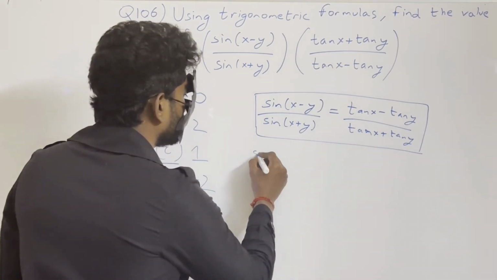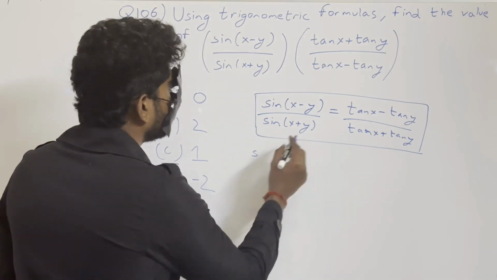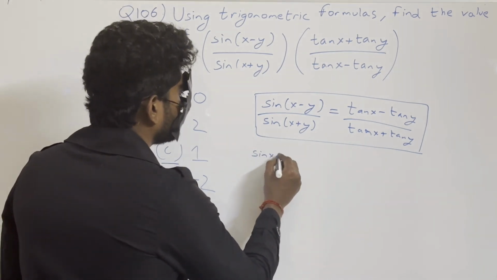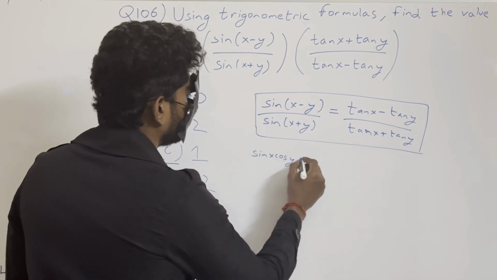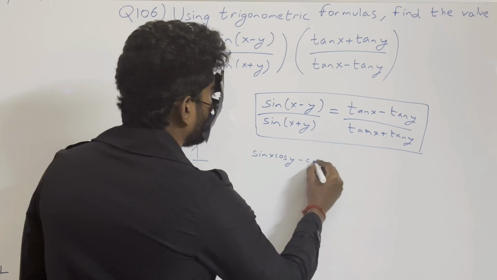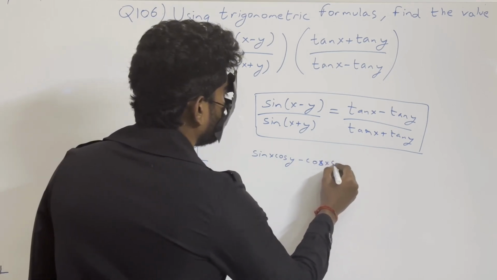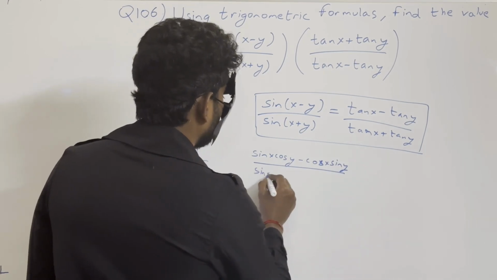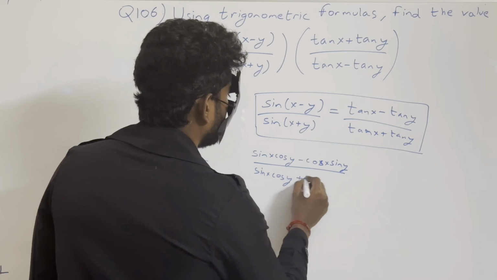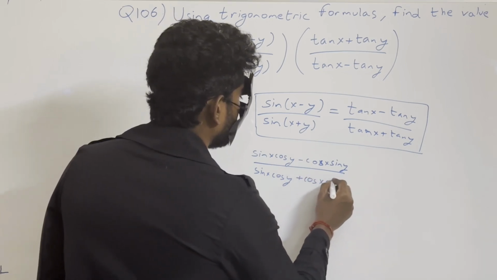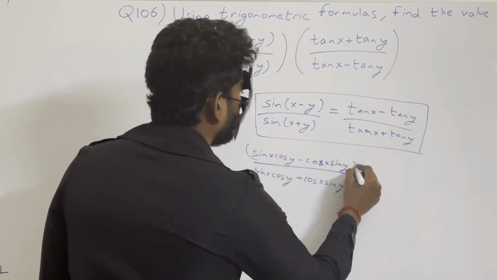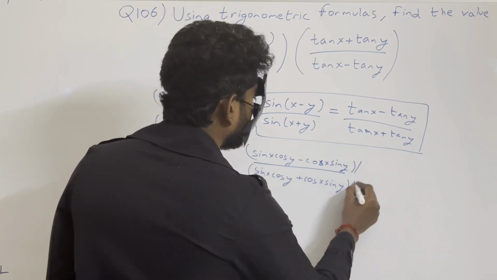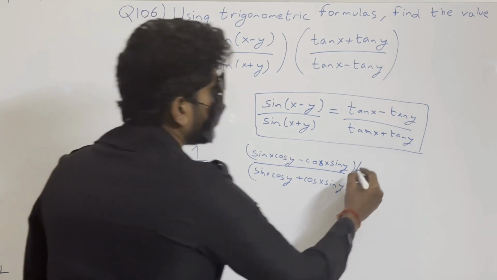So sin(x minus y) by sin(x plus y), I can write it as nothing but sin x into cos y minus cos x into sin y by sin x into cos y plus cos x into sin y. Now we will divide numerator and denominator by cos x cos y.